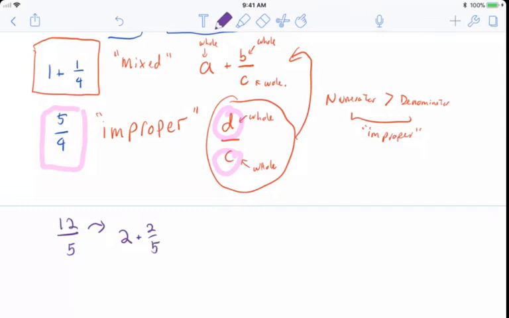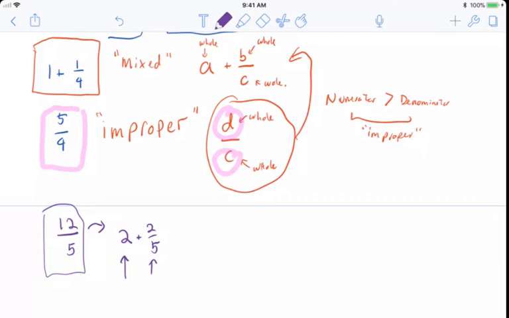The implication being that it's easy to tell that this is a number that's, well, it's got a decimal expansion. It's easy to tell that it's a number that's bigger than 1, but it's difficult on face to tell how big the number is exactly. If you write a fraction in mixed form, you can tell that it's the number 2 plus a little bit, a number that's a little bit bigger. So it's between 2 and 3. Okay? So that was the idea from back when you were a kid.